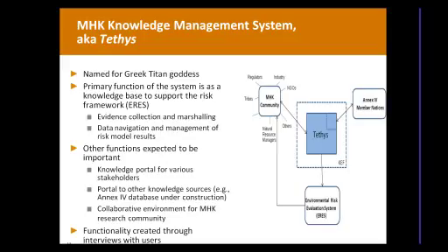It is largely involved with something called evidence collection and marshaling, which means putting the information that's used to support the ARIES models into an appropriate context, and essentially to allow us to drill down, provide transparency into the underlying assumptions and data that go into each of these ARIES simulations, and also to navigate and help manage the risk model results. In other words, to allow users to be able to find that information again when they need it.